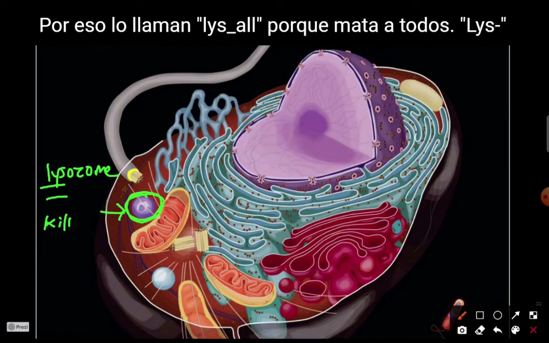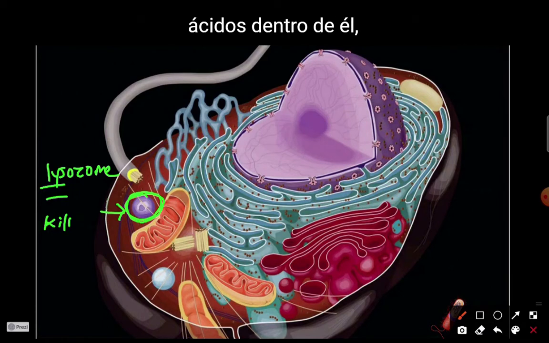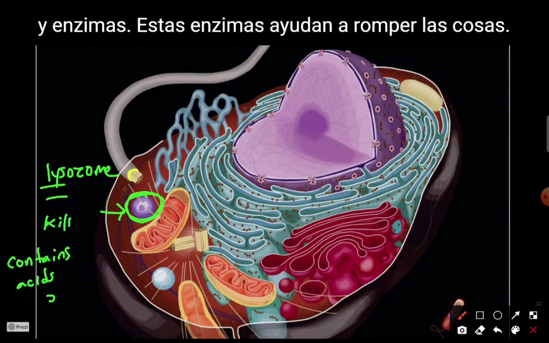That's why they call it Lysol, because it kills all. Lys just means to kill or break. And so the lysosome has strong acids inside of it, and enzymes. These enzymes help to tear things apart.